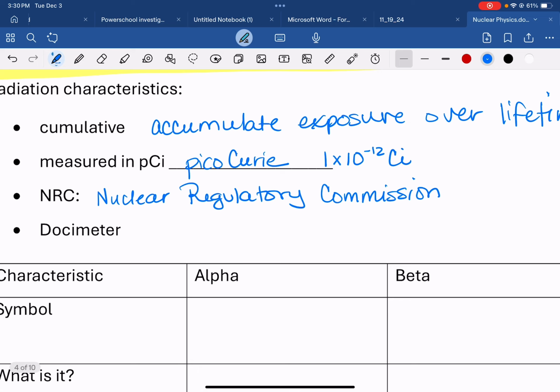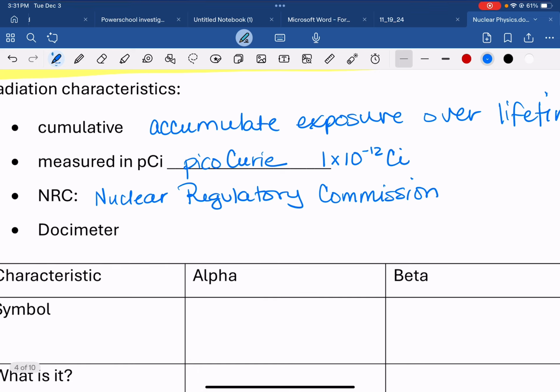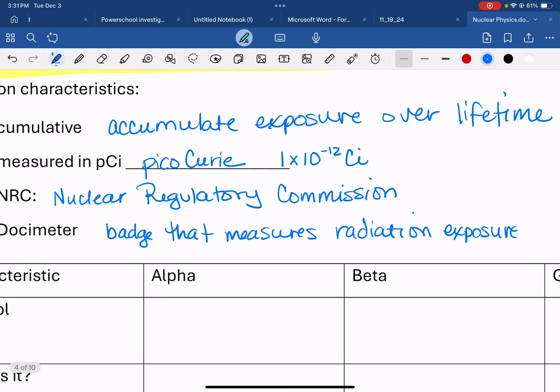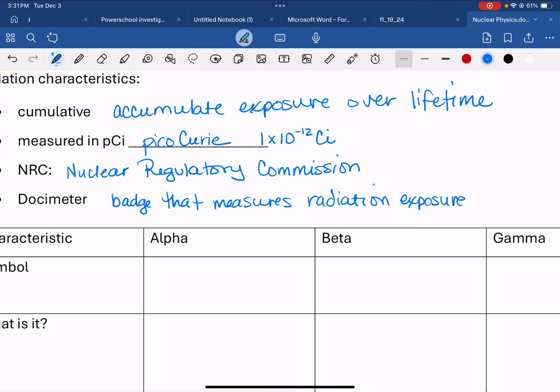Lastly, one thing that we got to take a look at is called a dosimeter. And this is a badge that measures radiation exposure. So anytime you work in a laboratory environment where you will be around radioactive materials, that could be for nuclear physics.